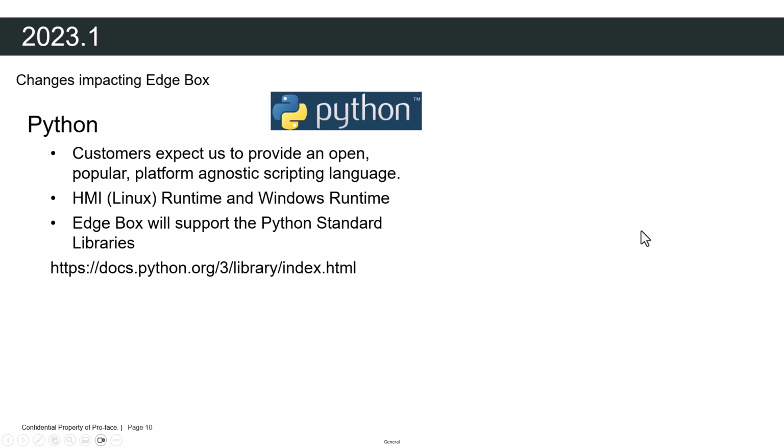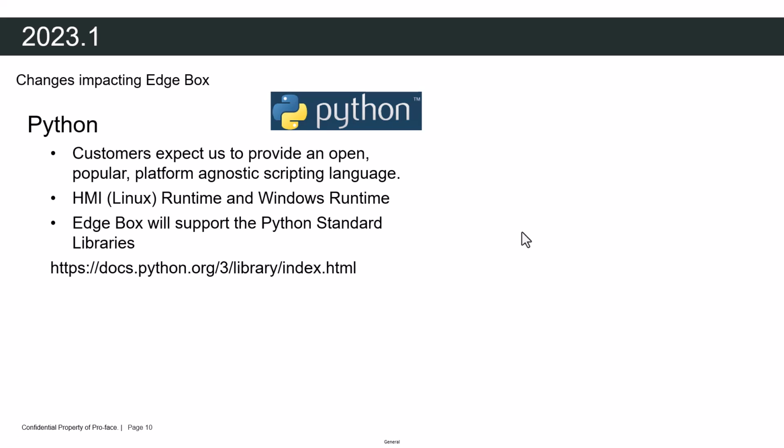The EdgeBox will support the standard libraries that are part of Python. If you look at this index here, that will tell you what the standard libraries are. The main thing is that, especially in the EdgeBox, it's giving us a new and better programming language that we can use outside of the math sheets, which is what we were limited to before the Python release.